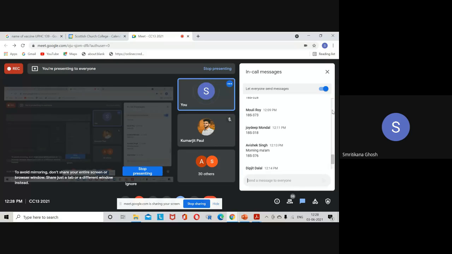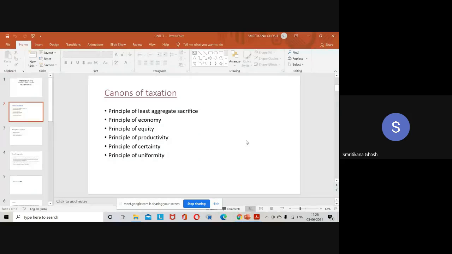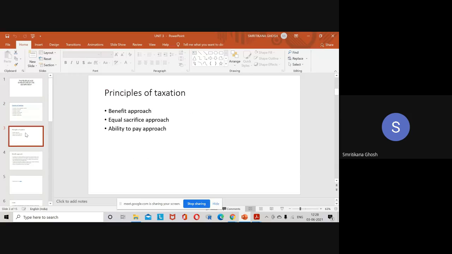No query. Okay. So canon of taxation is done. In the class before, 10 or 20 days ago, Devarati asked me, she said only to share. But anyway, I have explained the canons of taxation again. If you have any query, you can ask.